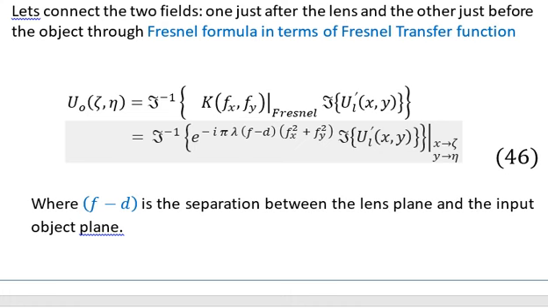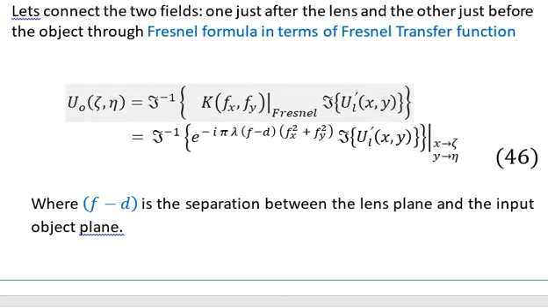Once we have calculated the Fourier transform, we have to multiply it by the transfer function, because the Fourier transform variables will be fx and fy. Then the inverse Fourier transform will be taken, which will convert the Fourier frequencies fx and fy back into space variables x and y, and those space variables will at the end be converted to zeta and eta coordinates, because here we are dealing with a zeta and eta plane.